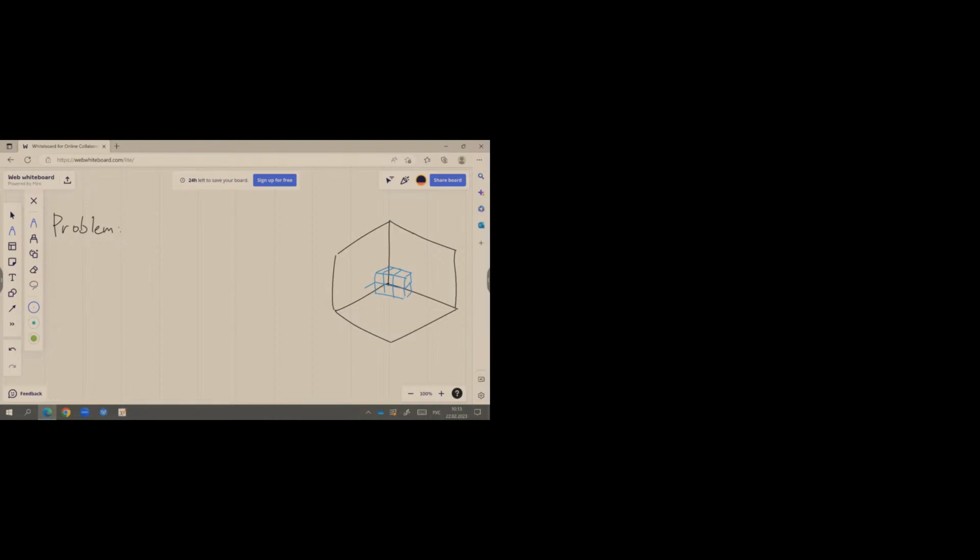Like you cannot move any of these cubes. This would be something like.